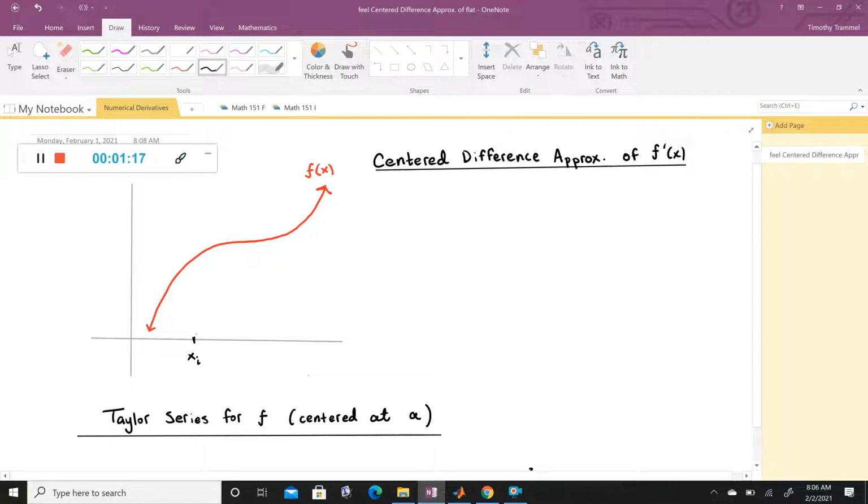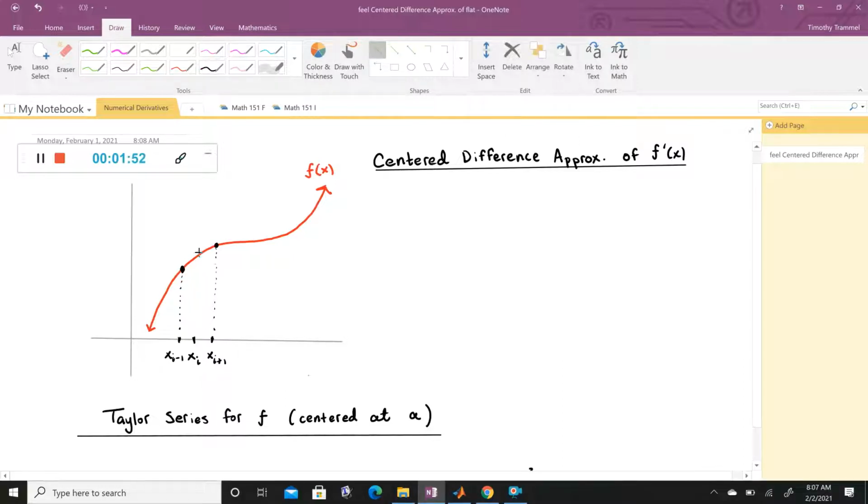If we want a centered one, maybe we'll go a little bit to the right, to x sub i plus 1, and we'll go a little bit to the left, x sub i minus 1. And what we'll do is we'll just compute the slope of the secant line from here to here.